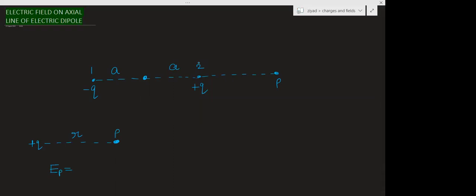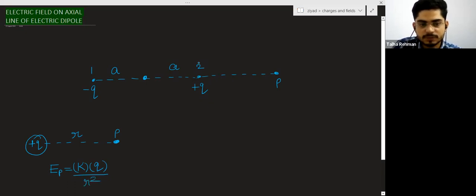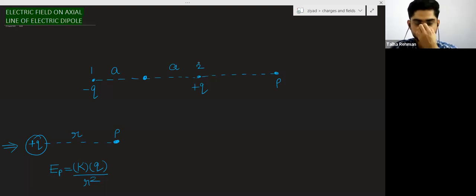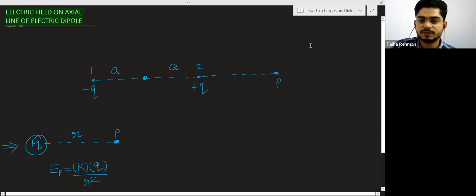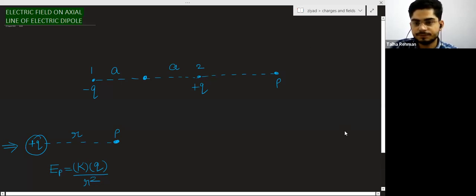The formula is, first you write the constant K, then Q, divided by r squared. So this we will use. I have told you this, if you have forgotten. So now let's see.